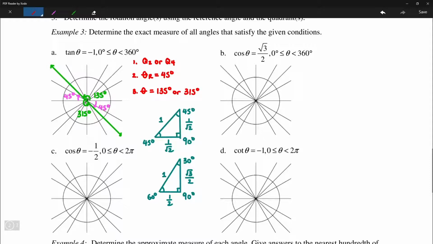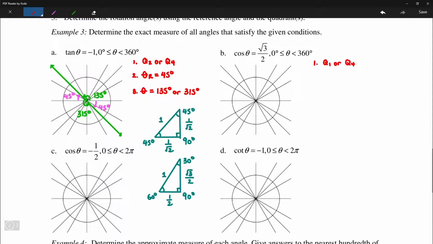Okay, so that's the steps. Let's look at the second one. Here we have example 3b. So we're looking for cosine theta to be positive, so that is going to be either quadrant 1 or quadrant 4.